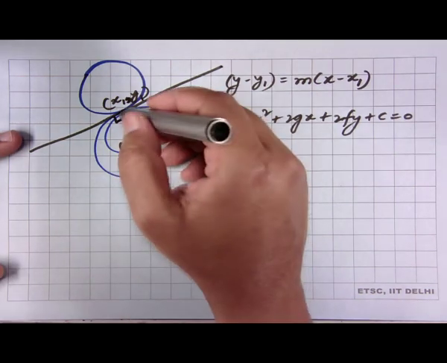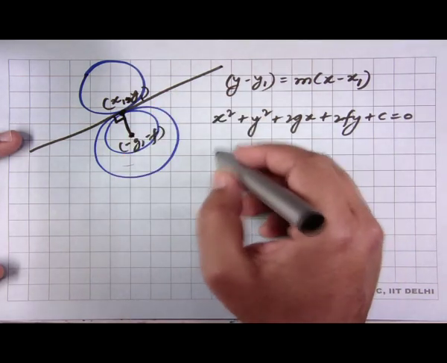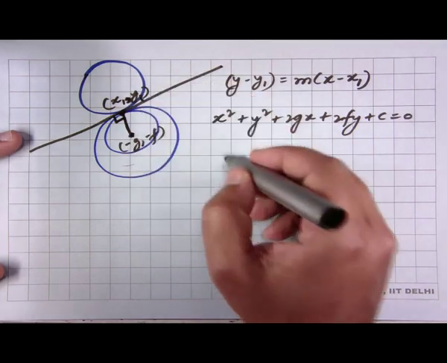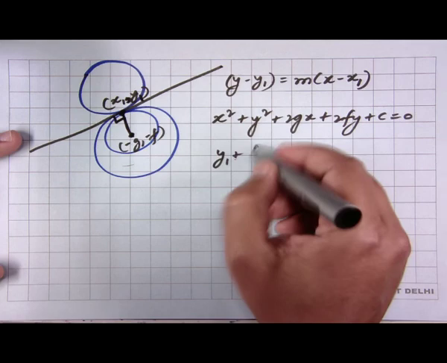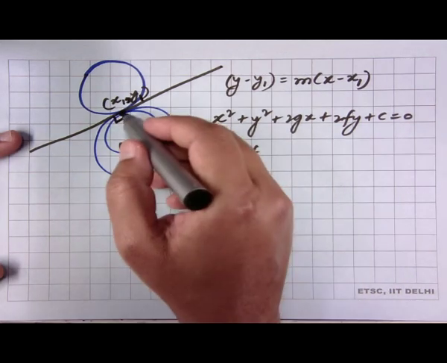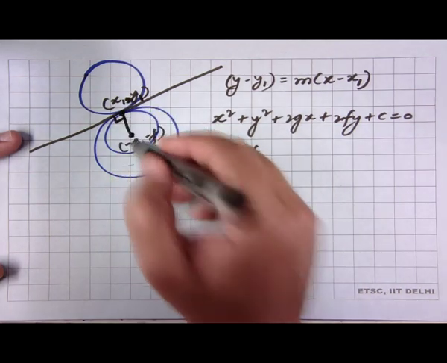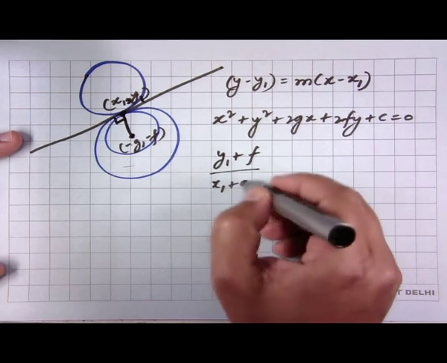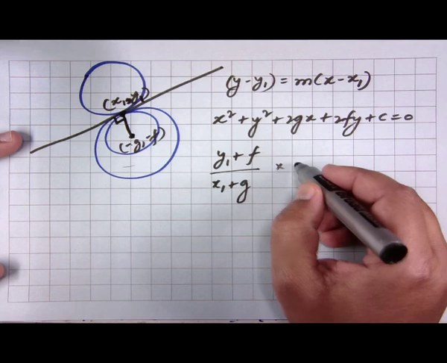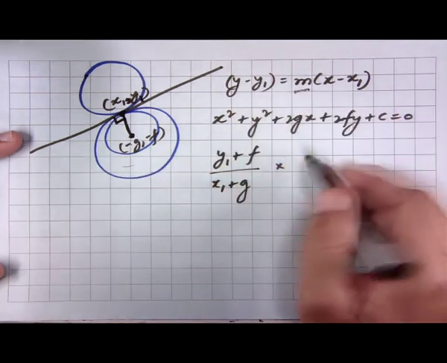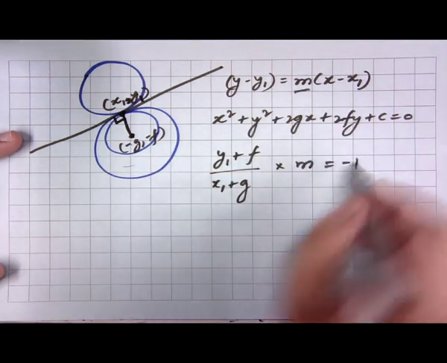The slope of this perpendicular is clearly y1 minus minus f, which is y1 plus f, divided by x1 minus minus g, which is x1 plus g, times the slope of the straight line, which is m, should be minus 1.